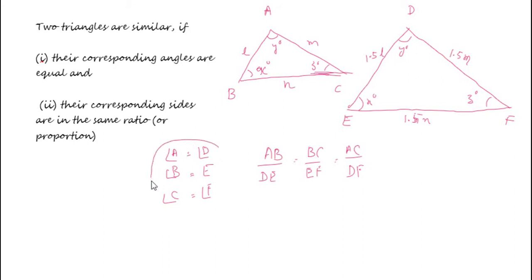If these three sets of angles are equal and the corresponding sides are in the same ratio, then the two triangles are said to be similar.